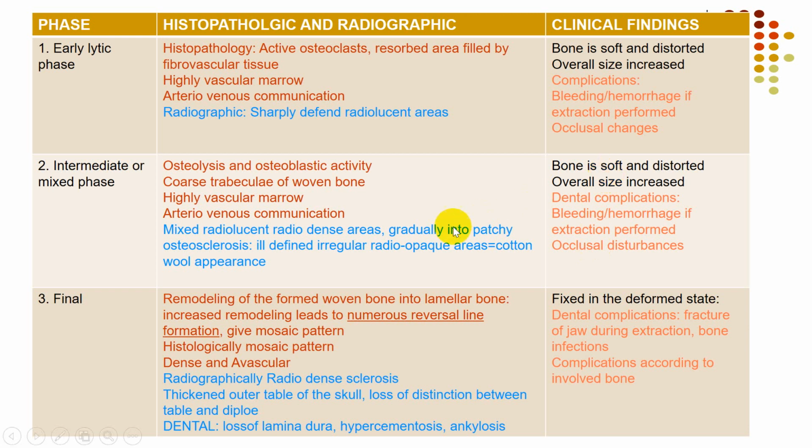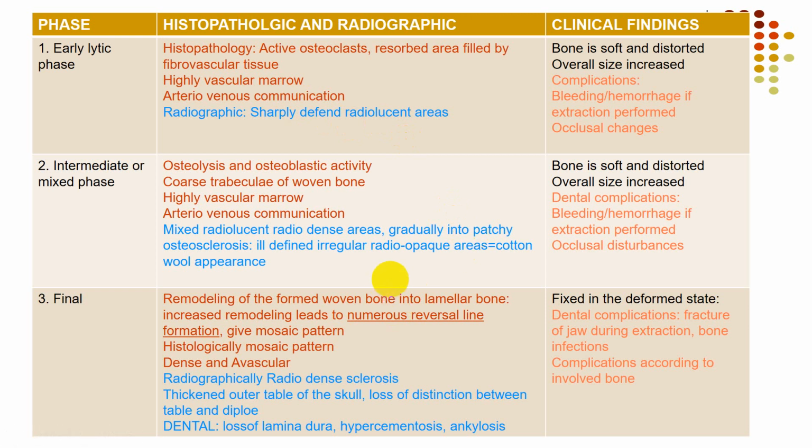However, radiographically, we will start finding radiodense areas gradually appearing in these radiolucent areas, and they appear like a patchy osteosclerosis. What do we mean by patchy? It's like ill-defined radio-opaque areas.